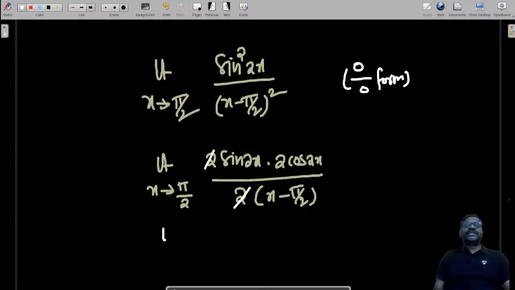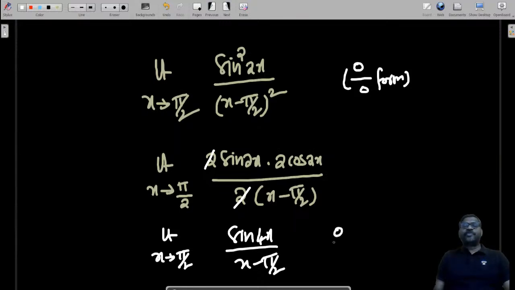That gives sin 2x by x minus pi by 2. When x is tending to pi by 2, numerator is sin 2 pi tending to 0, denominator is also tending to 0, 0 by 0 form.